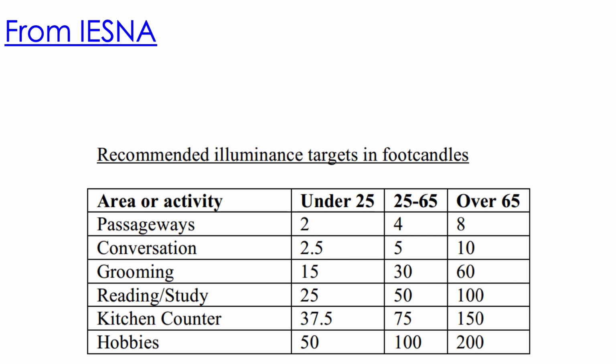For example, in a passageway, 2 foot candles is probably fine. In a reading study area, say at a library table or a lounge table, 25 foot candles is fine. Do notice how those numbers go up over the age of 65. So if you're designing a dormitory for senior citizens, suddenly the light levels become vastly higher, 4 times the level as for under 25.